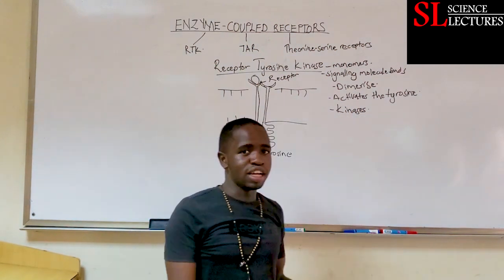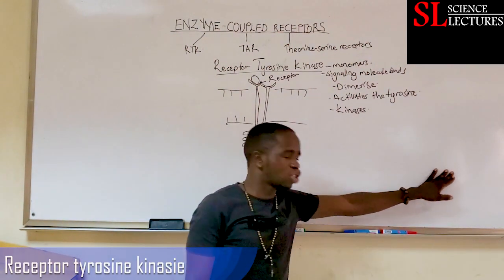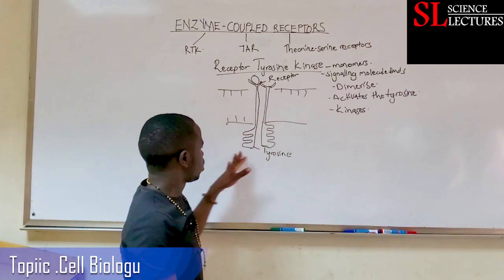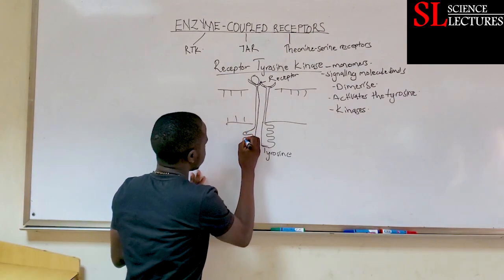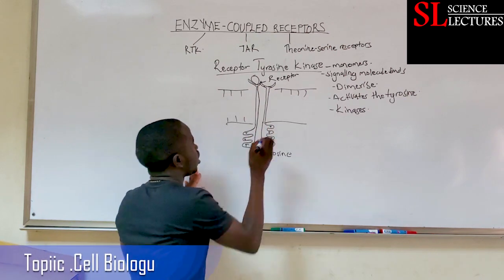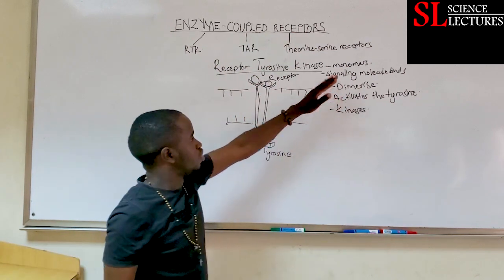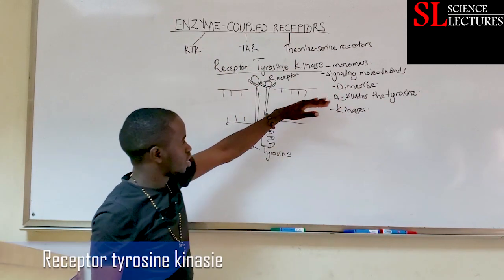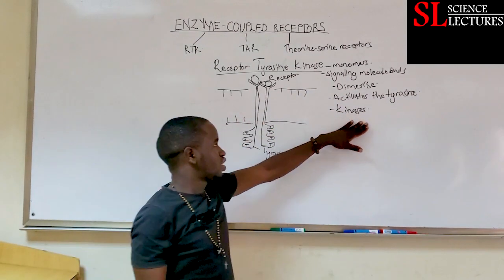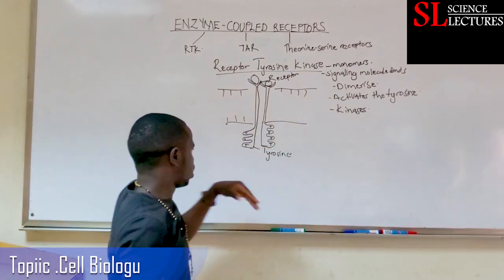A kinase is an enzyme that phosphorylates molecules by either adding phosphates or removing them. So these tyrosine proteins here are associated with kinases. Whenever the signaling molecule binds, the receptor will dimerize, then the tyrosine proteins shall be activated. On top of that, the kinases shall also be activated.